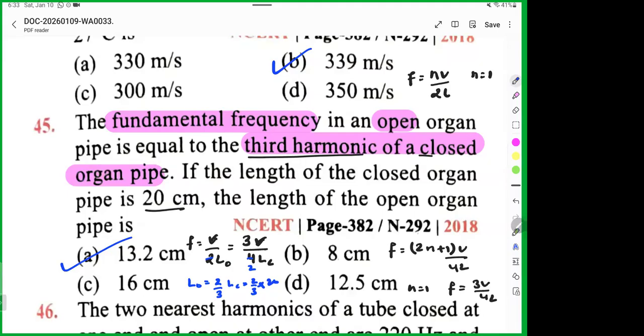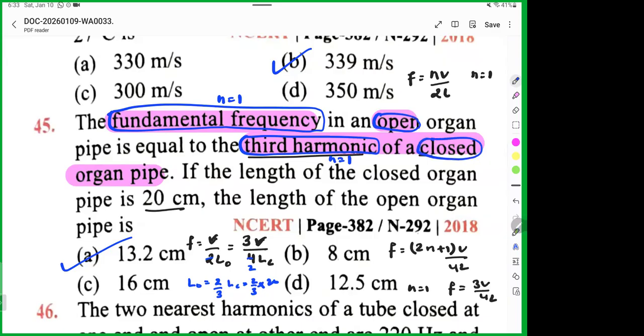Tell me, exactly the same thing is given here. Only frequencies change. You should know fundamental frequency means we are talking about n is equal to 1. Third harmonic means we are talking n is equal to 1, but in a different pipe. One is open, another is closed.